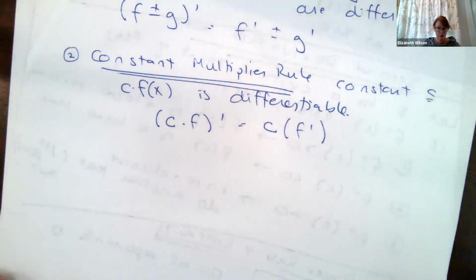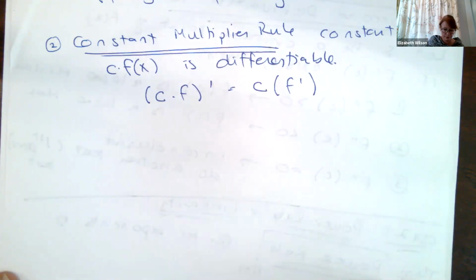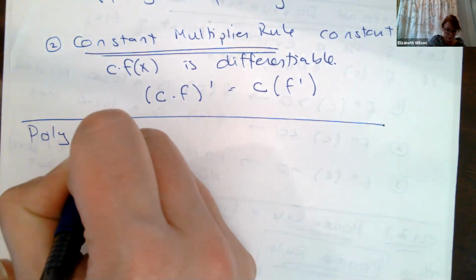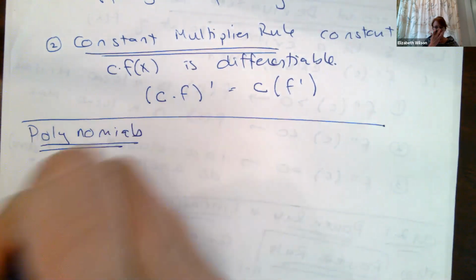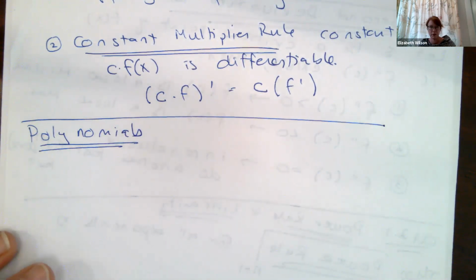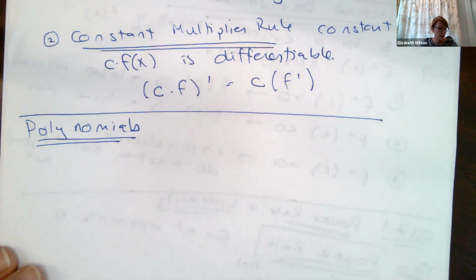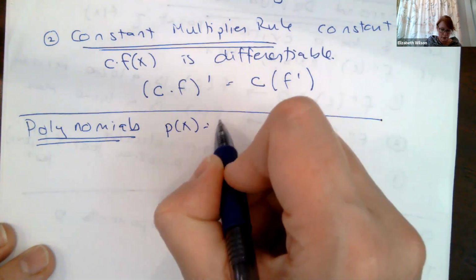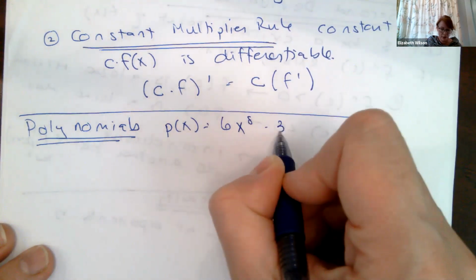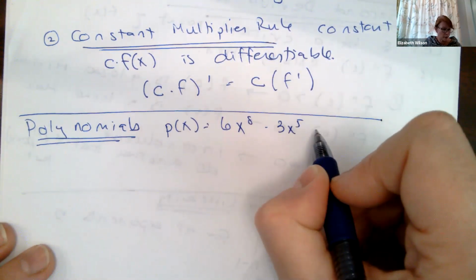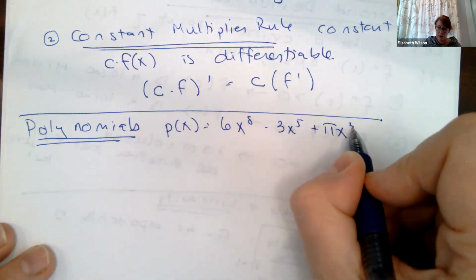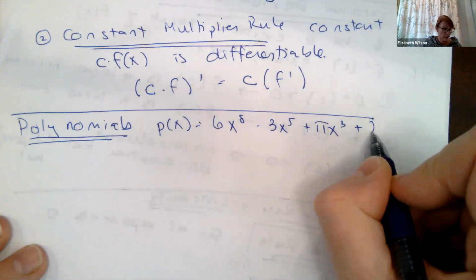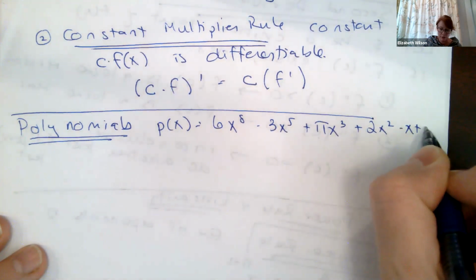All right, so let's talk about polynomials. Polynomials are fun to take the derivative of because they're pretty straightforward. Say for example I've got some polynomial, 6x to the 8 minus 3x to the 5th plus pi x cubed, so there's your pi as a multiplier, plus 2x squared minus x plus radical 2.